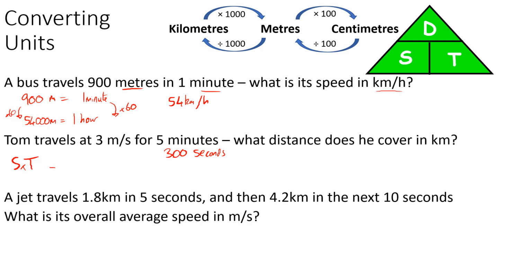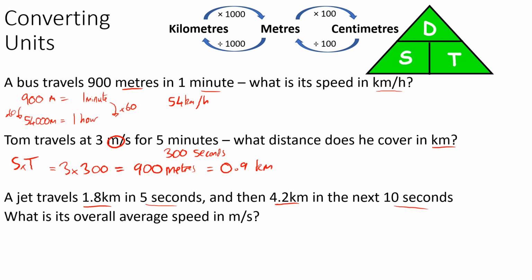So speed times time, we want to do 3 times 300, and we can get that he covers 900 meters. Again, meters because the unit of speed was meters per second. What distance does he cover in kilometers? That's where we'll use this and divide by 1000. So that's 0.9 kilometers.